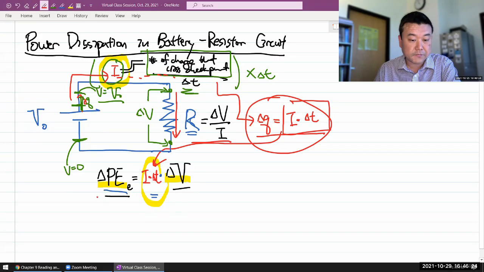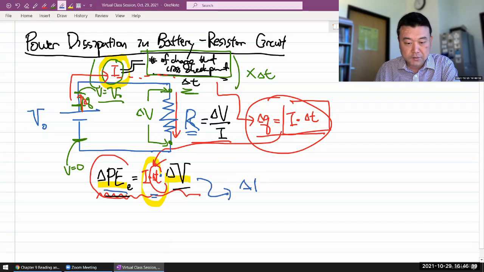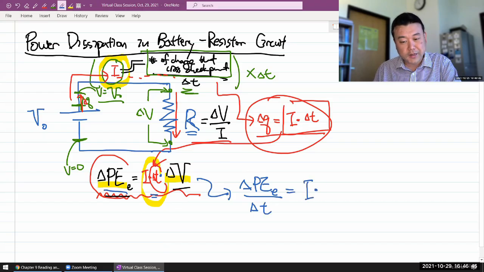And you stare at this expression long enough, and you realize you can take the change in energy divided by change of time. Or to get that, you divide everything by delta t. That'll get you change in potential energy divided by change in time. That's equal to current times some change of voltage.